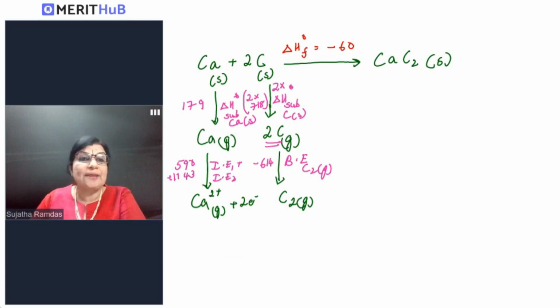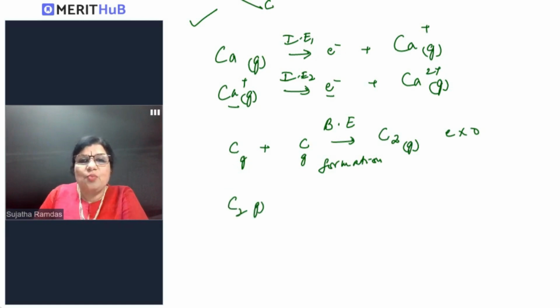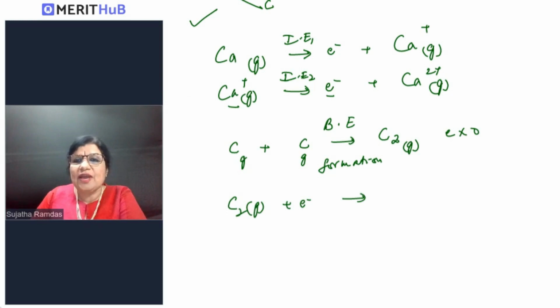Okay. Our next step is to add 2 electrons in 2 different steps to C2 gaseous, right? So when 1 electron is added to the C2 gaseous, we get C2 1 minus gaseous ion, and this happens to be exothermic.